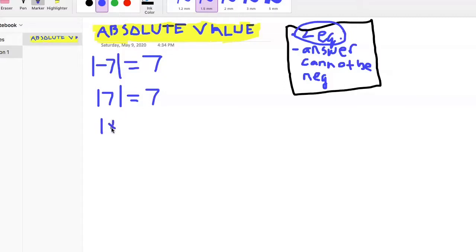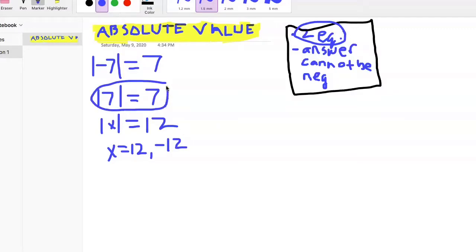Next, if we just have absolute value of x equals 12, for this, we'll have two answers. So it'll always be x equals something. In this case, it's going to be 12, but then also -12. The reason for this is, if we look at the example above, when it was absolute value of 7, that just equaled itself, 7, and that's what we're doing here.